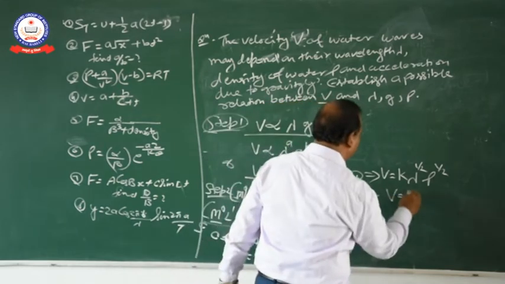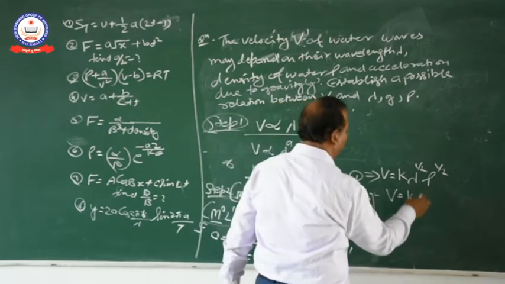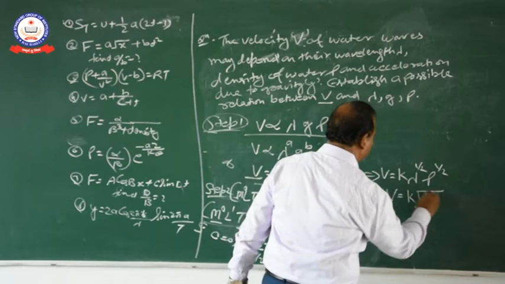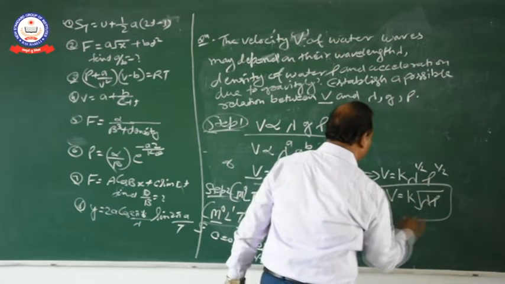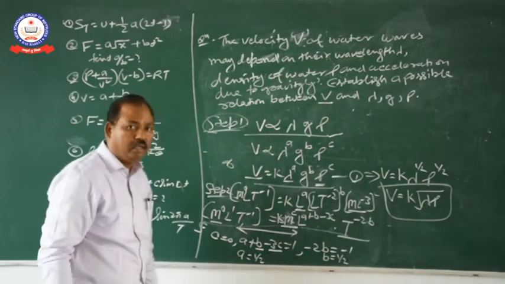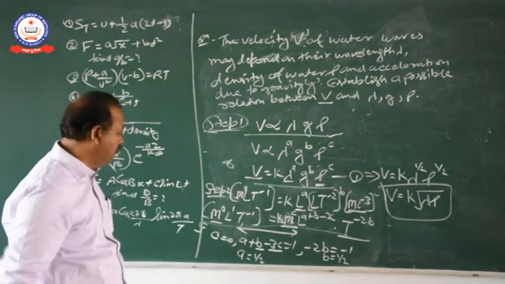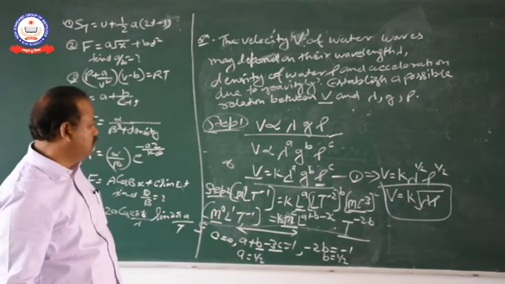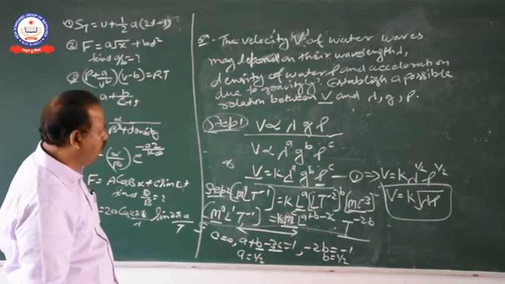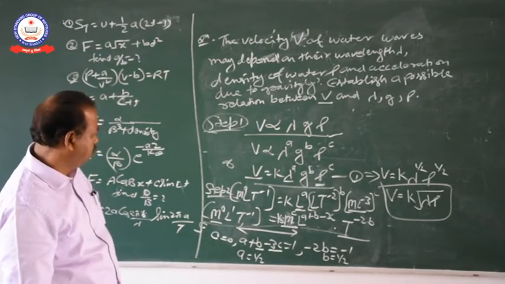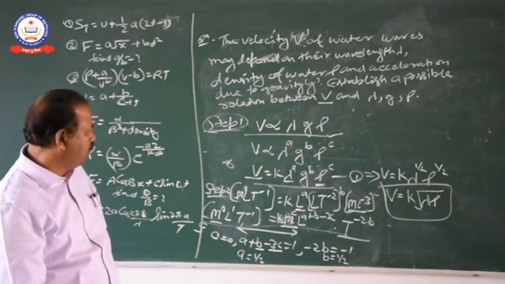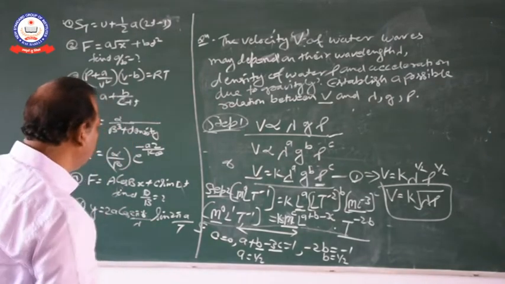You establish the relation between lambda and rho, under root lambda rho. This is the formula of V. And also it is clear that it does not depend upon A, B, C or C0.